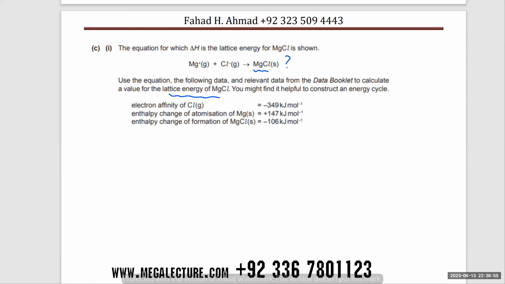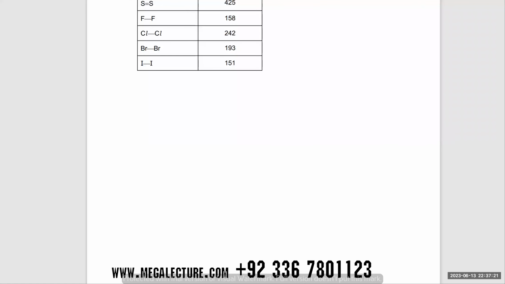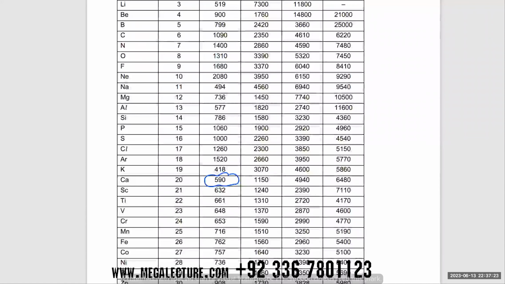I'm going to give you the Cl-Cl bond energy, which is 242. What else do you need? You need the magnesium ionization energy. So the first plus second ionization energy of magnesium, that's 736 and 1450.